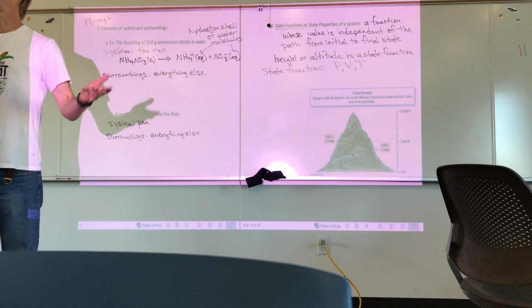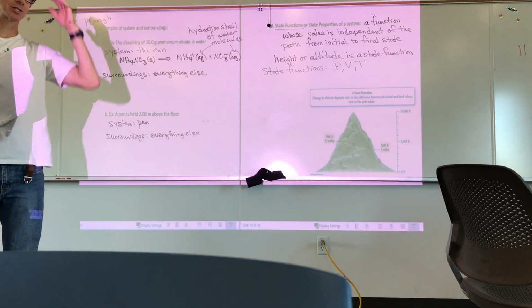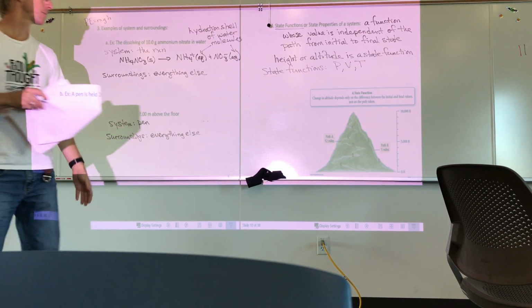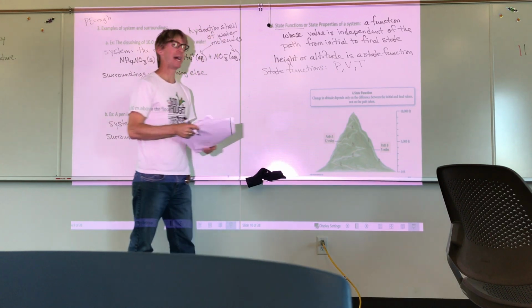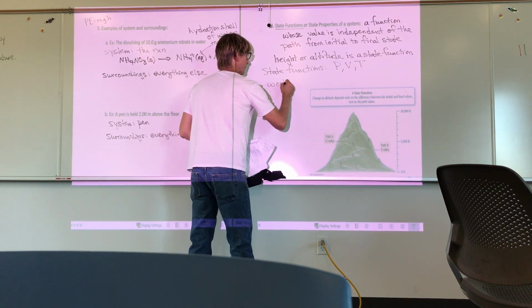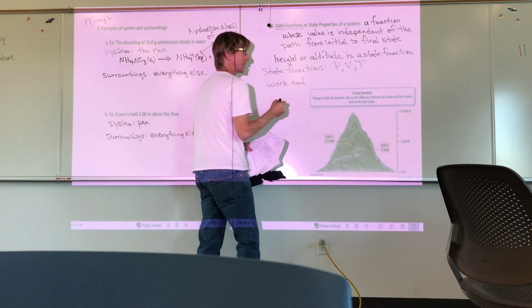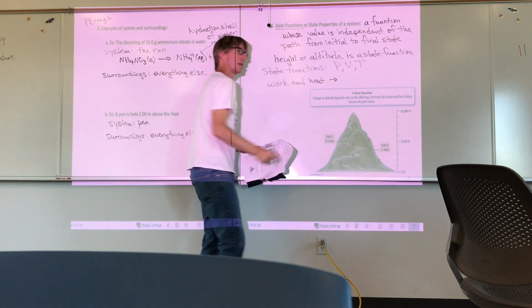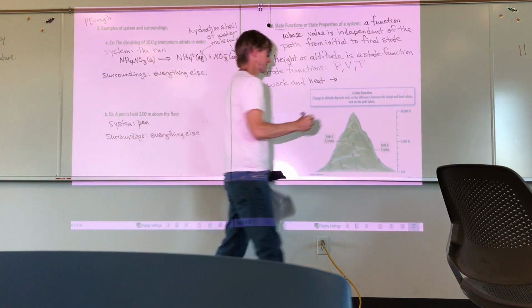We've already got equations that involve those. And so we don't talk about anything except the beginning and the ending point. And the two non-state functions are going to be work and heat. Not state functions.